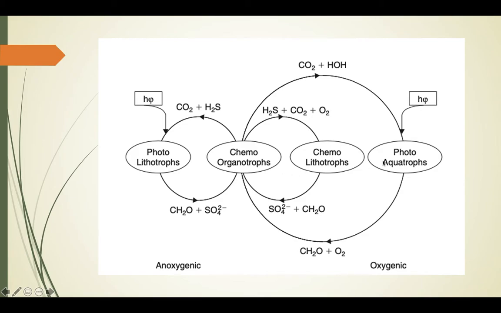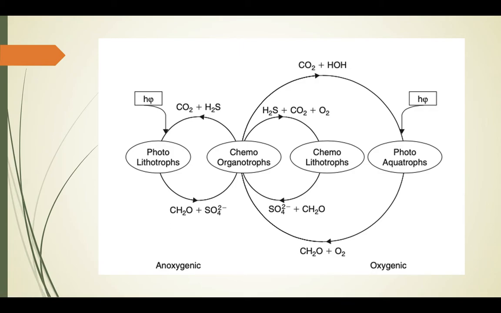So one circuit is considered chemoorganotrophic. Then we have two phototrophic circuits, and then we also have one chemolithotrophic circuit.